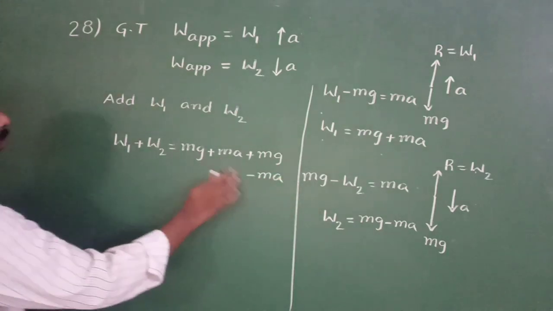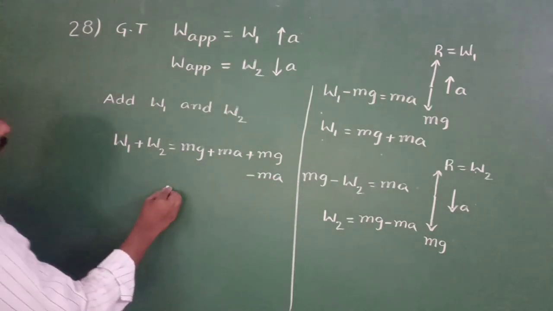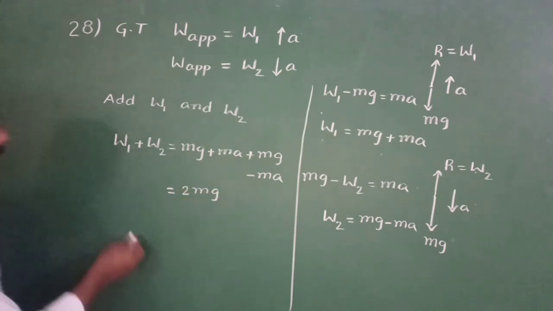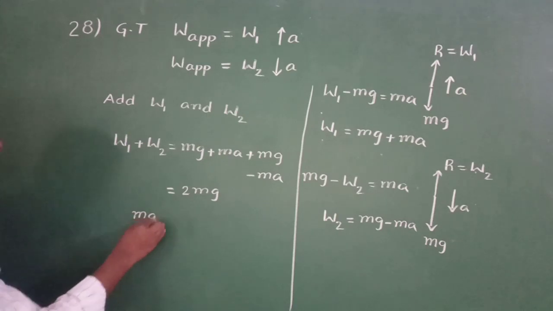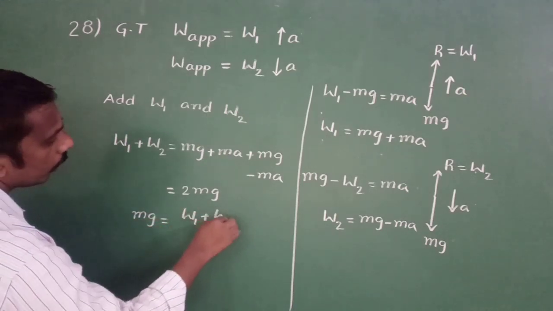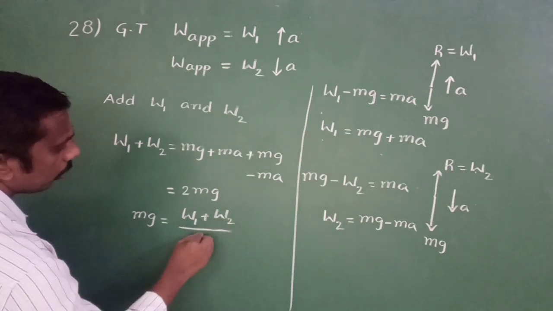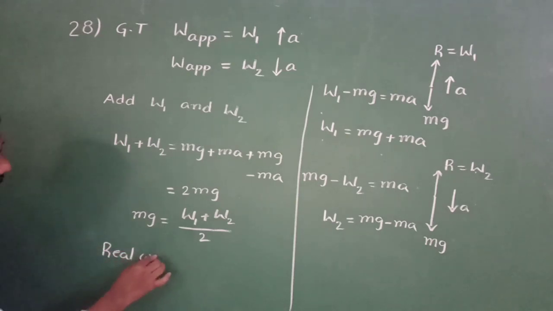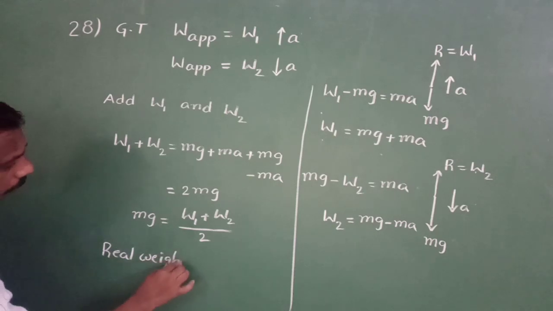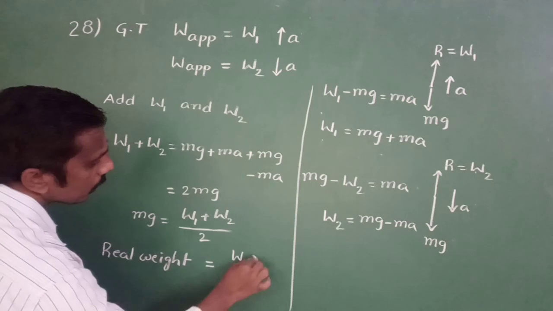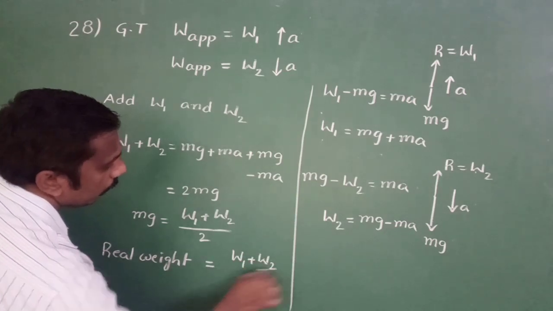In this case, minus ma plus ma gets cancelled. We get mg plus mg, 2mg. From this, mg is equal to W1 plus W2 by 2. This mg is called the real weight. So, real weight is equal to W1 plus W2 by 2.